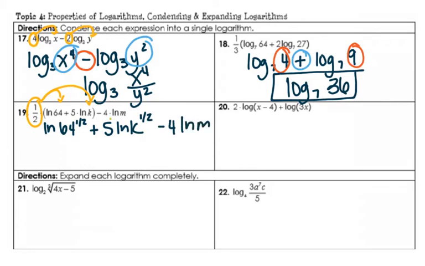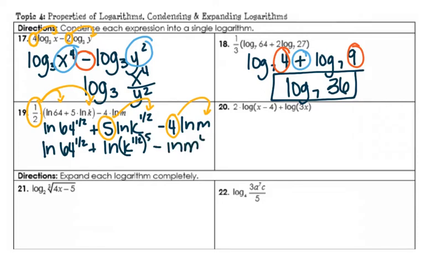Alright, and then we have some other exponents that we can move. So let me write what we have so far. 64 to the 1/2 plus natural log k to the 1/2, and then to the 5th minus natural log m to the 4th. Okay, so I'm going to erase this just so I have some extra room.